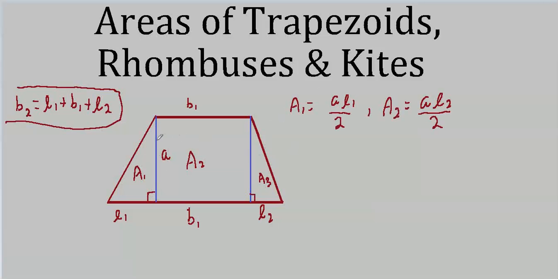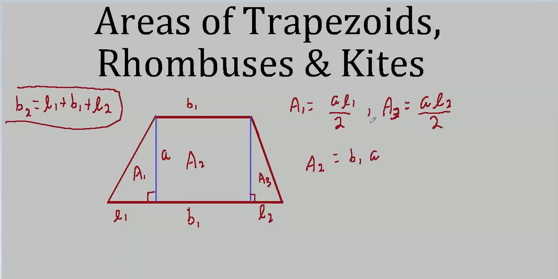We've got A times L1 over 2, or 1/2 of A times L1. A times L2 over 2 will be the area of this triangle, of course. And what about A2? A2, well, that's pretty easy. That's just B1 times A.